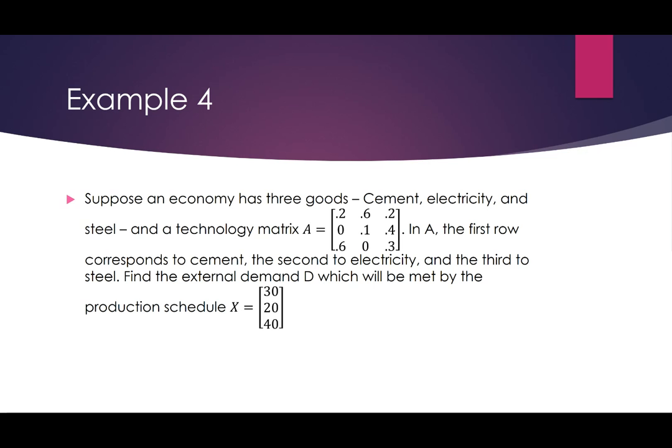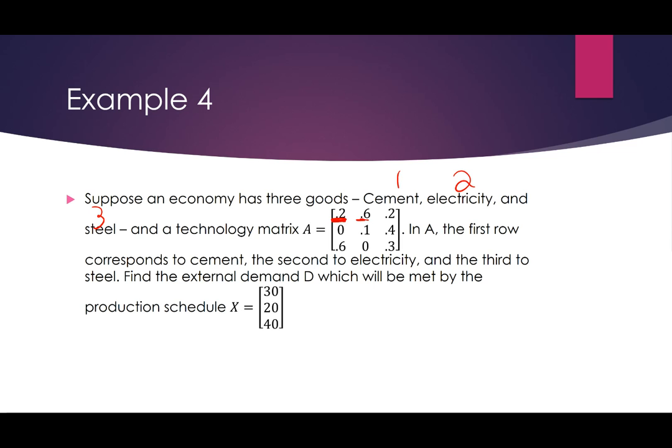Example 4, suppose an economy has 3 goods, which of course makes a 3x3 matrix: cement, electricity, and steel. The technology matrix is already made for us. So just to translate, if cement is 1, electricity is 2, and steel is 3, then this is 1, 1. So this is how much cement is used to make cement.